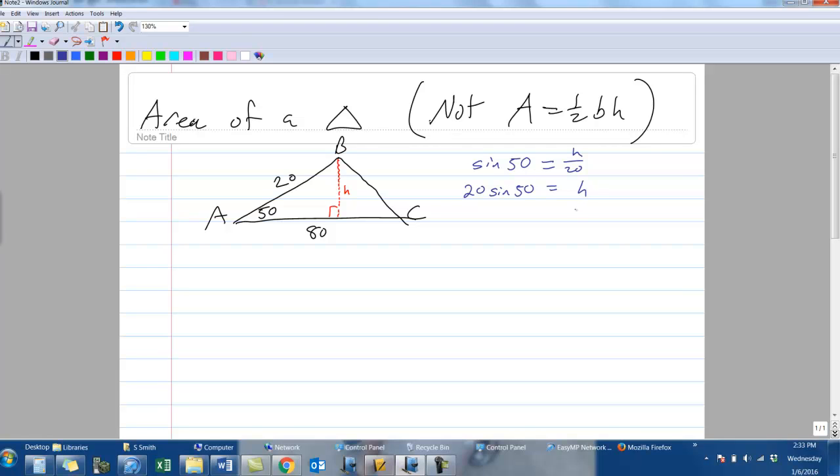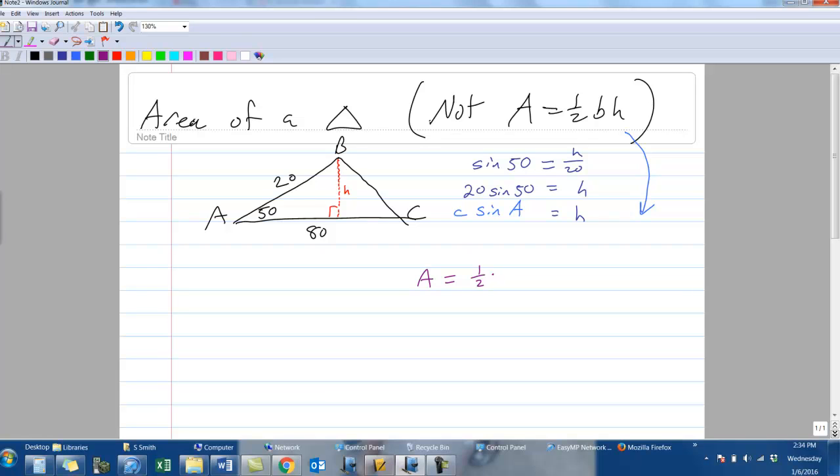Instead, what we are going to say is that h, in this case, is actually, 20 is actually side C, right? So h is actually side C, and we're talking about the sine of angle A. So h is actually side C times the sine of angle A. Now, if we did area is equal to 1/2 base times height, what we could say is that area equals 1/2 times the base.